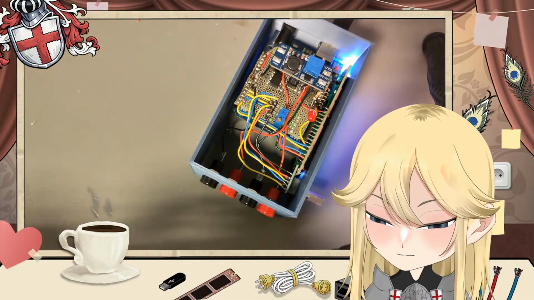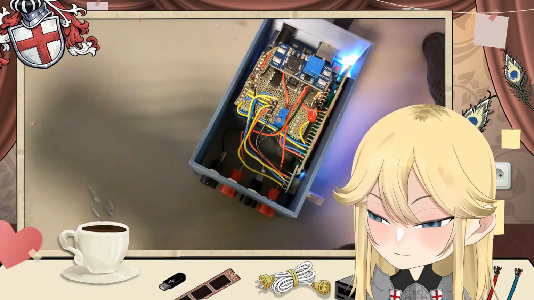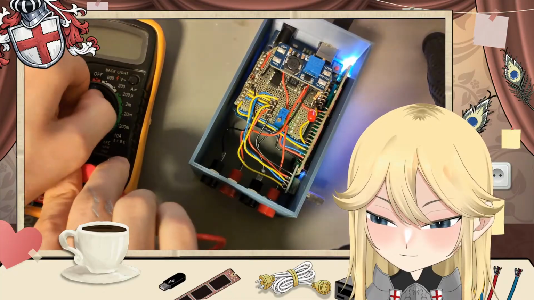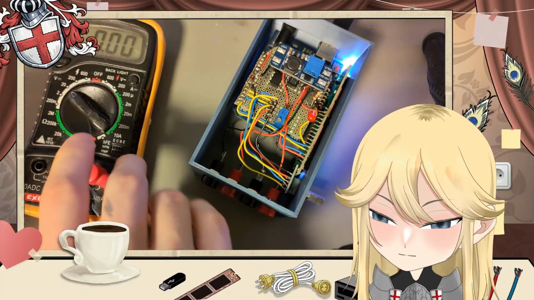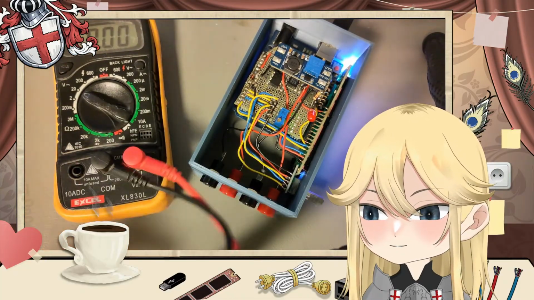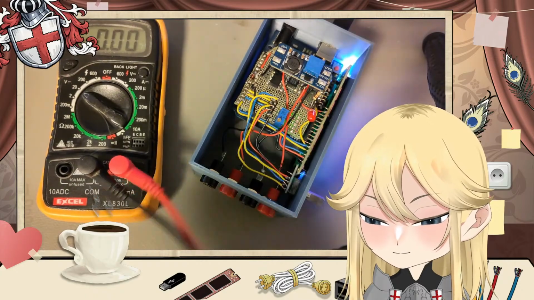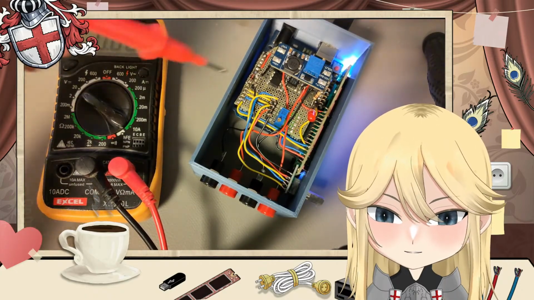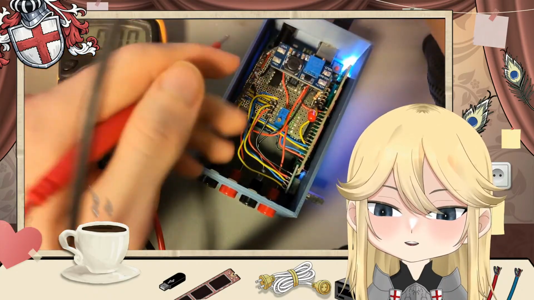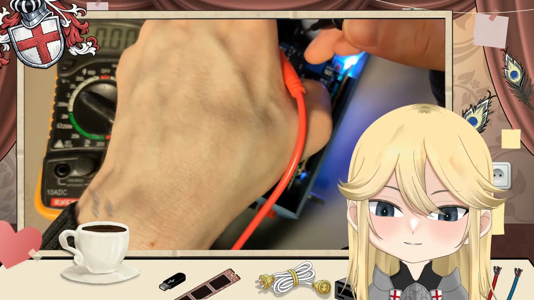And actually, wait, hold on, what are we getting out of our DAC? Should be something like 3.9, 4.1 volts.